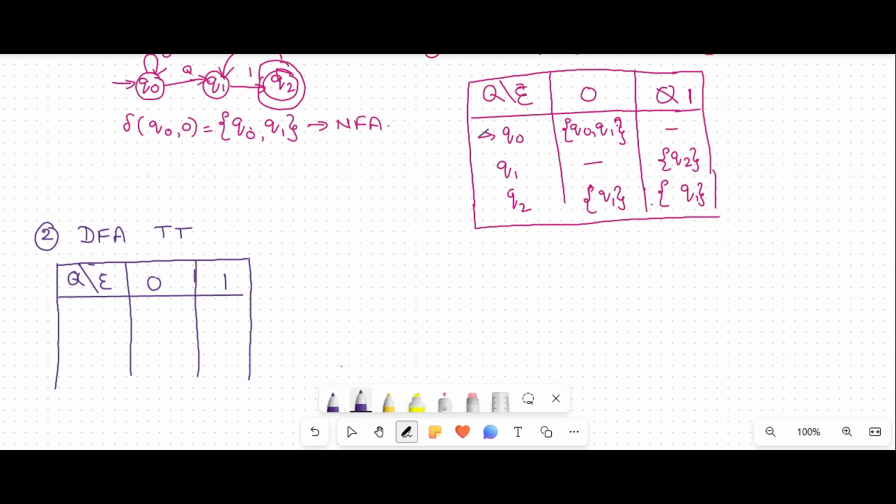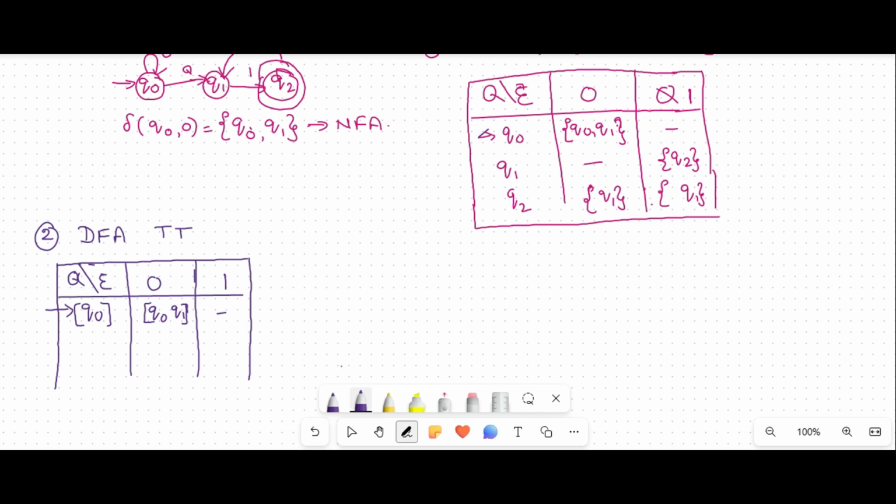First, what we have to do is start with the initial state. The initial state is Q0. DFA states we represent in square brackets. Now write the Q0 transitions as they are. Q0 with a 0, the transitions are Q0, Q1, and with 1 there is no transition.